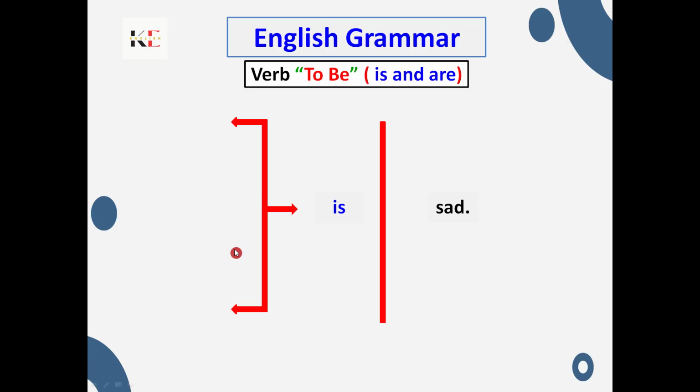Here we use is after someone. Someone is sad, somebody is sad, no one is sad, nobody is sad, or you can say nobody is happy. You can change the sentence; it depends on you.